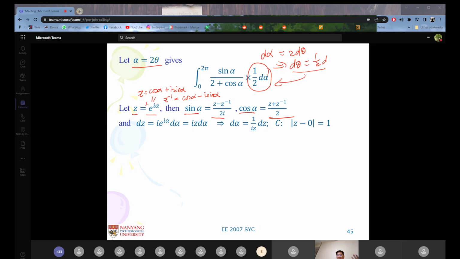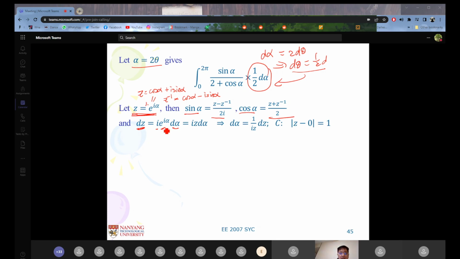Then the next thing you need to do is come up with dz, because I'm going to do complex integration and I need to have the dz. So from here, you differentiate with respect to alpha. I get dz on the left-hand side. On the right-hand side, I get the constant i times e to the power i alpha times d alpha, because dz d alpha is equal to i times e to the power i alpha.